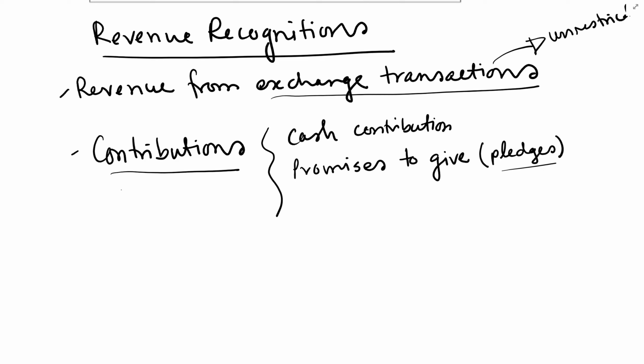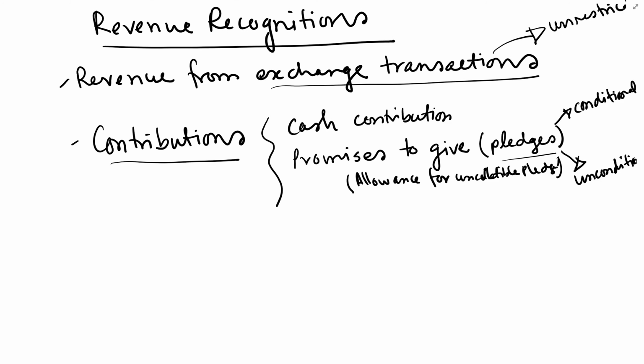One is unconditional promises and another is conditional promises. As I just mentioned, pledges or any type of promises to give a contribution could be of two types, unconditional or conditional. If it is unconditional, then we will record it as a pledge receivable or contribution receivable, and we will also recognize it as a contribution or contribution revenue.